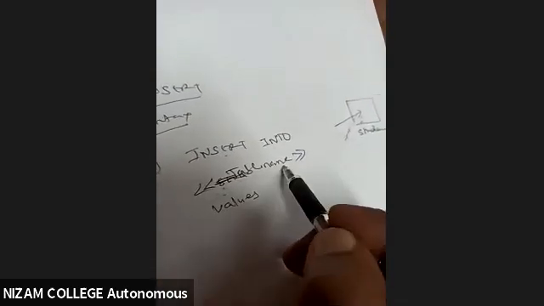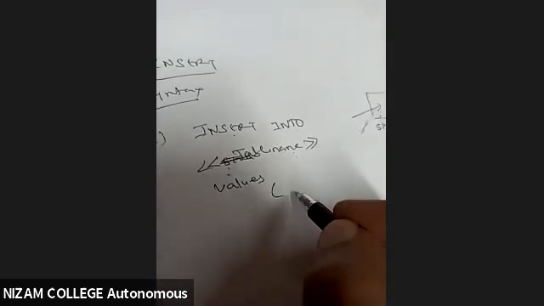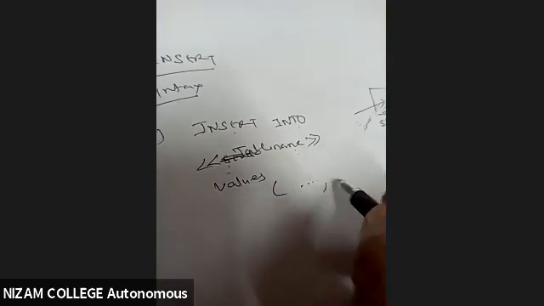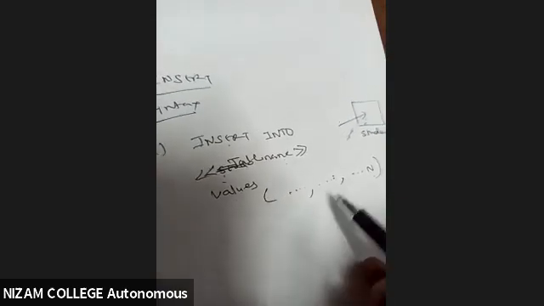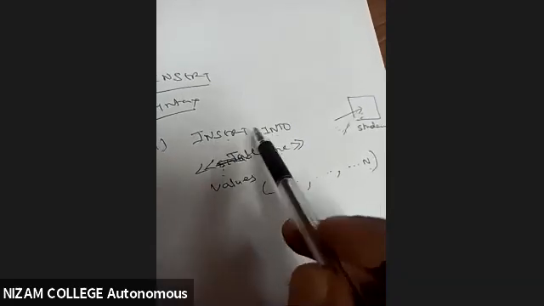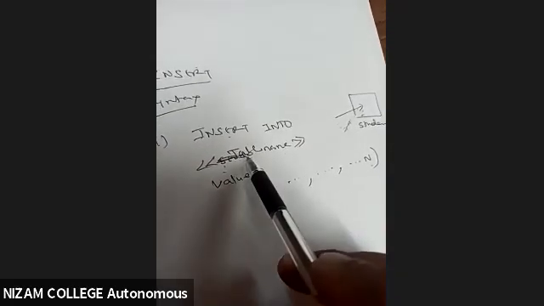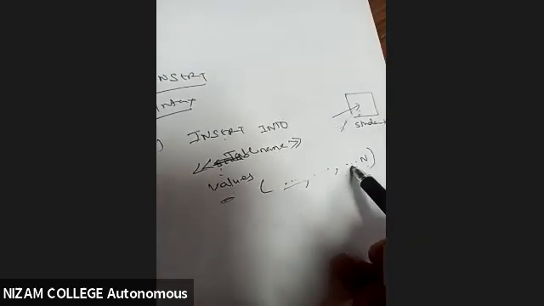Insert into table name, then values, followed by the information, whatever values you want, till n. Depending upon your columns, I'll be adding the records. So the syntax is insert into table name values. These are the keywords. The only thing changing is the table name, and here you are writing the records.